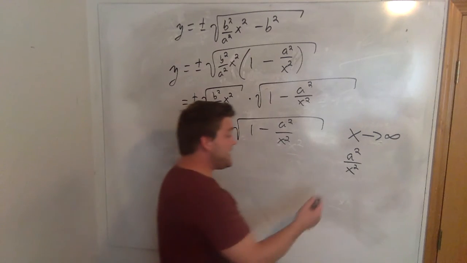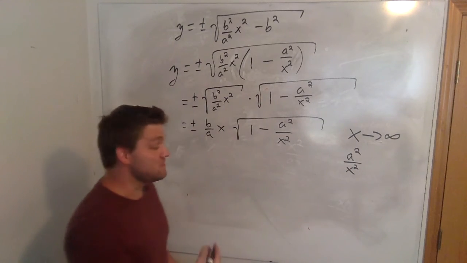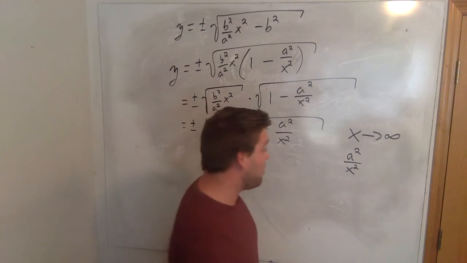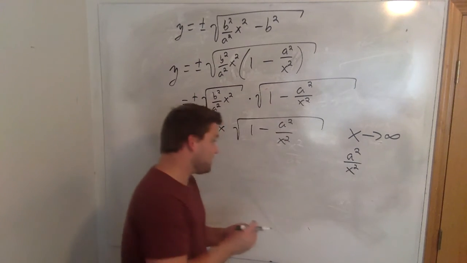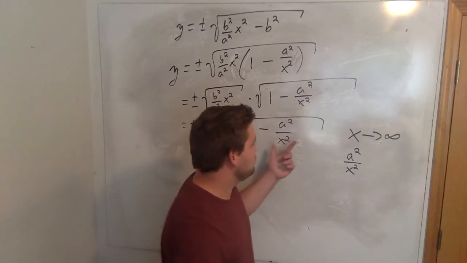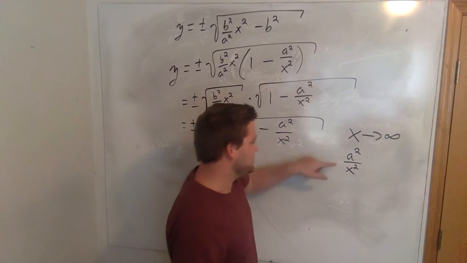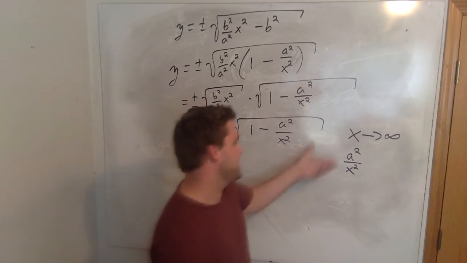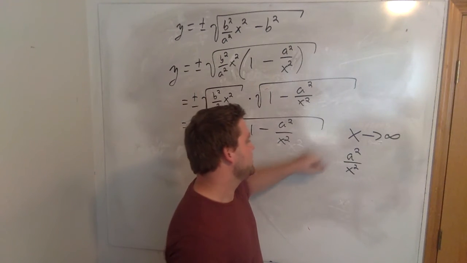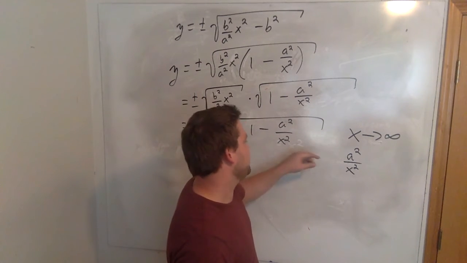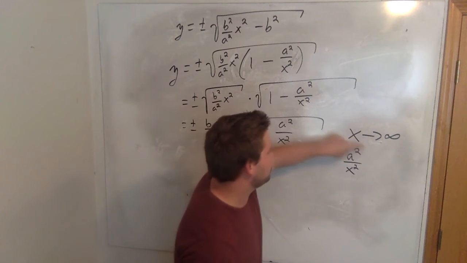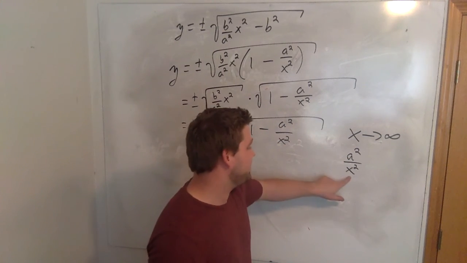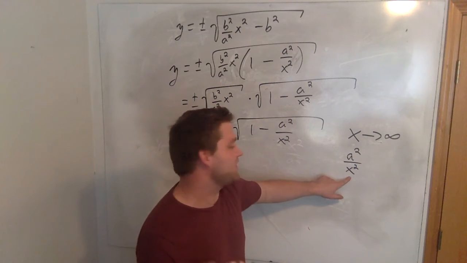Well, a is going to be fixed. A is a fixed number, but the denominator is getting really, really large. This is kind of like, if a was 2, for example, then a squared would be 4, so you're taking 4 pizzas and cutting them into a certain number of slices.